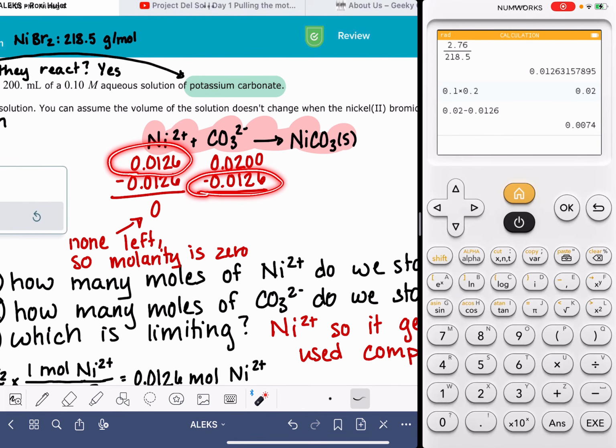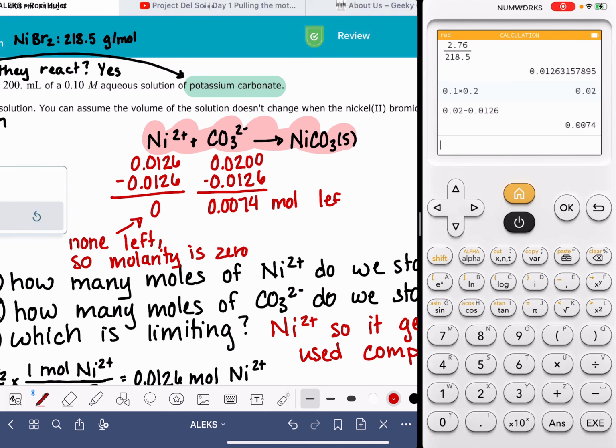That is how much carbonate is going to react. And when that reaction is done, I'm left with 0.0074 moles left. So this is my starting amount. This is how much reacted. And this is how much, 0.0074, is how much I have left.